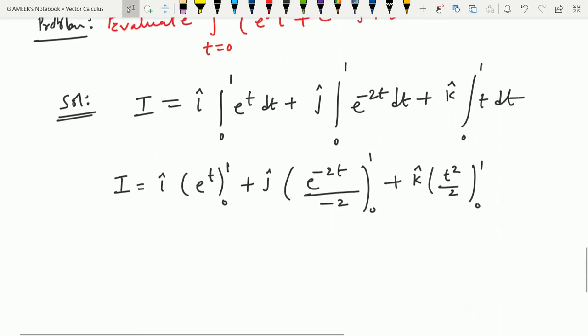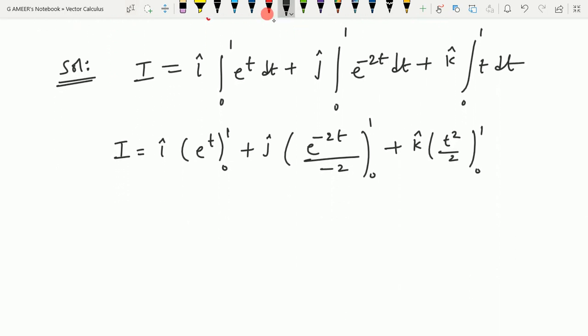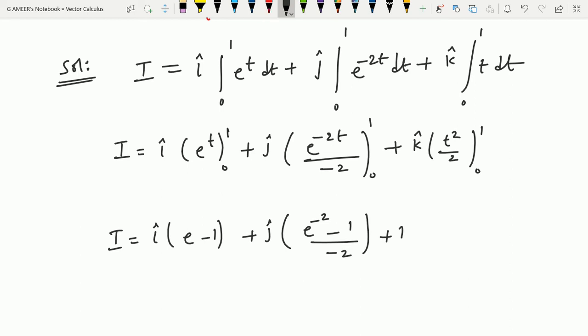Now substitute the upper limit and lower limit. First the upper limit, followed by the lower limit. So this integral I will become: for the upper limit e power 1, minus e power 0, that is 1, plus j times upper limit minus lower limit, e power minus 2 and e power 0 is 1, divided by minus 2, plus k times upper limit minus lower limit, 1 minus 0 by 2.